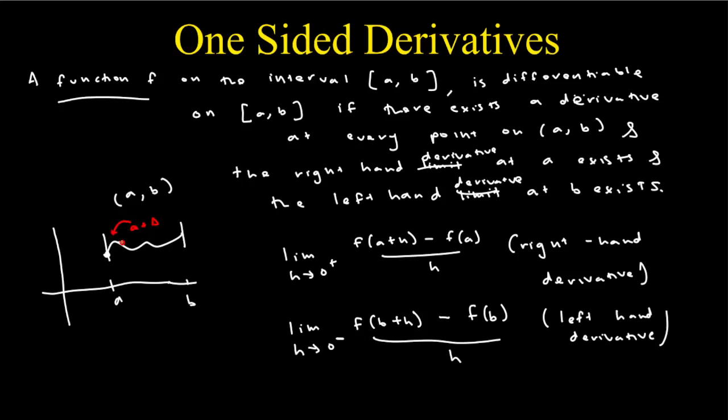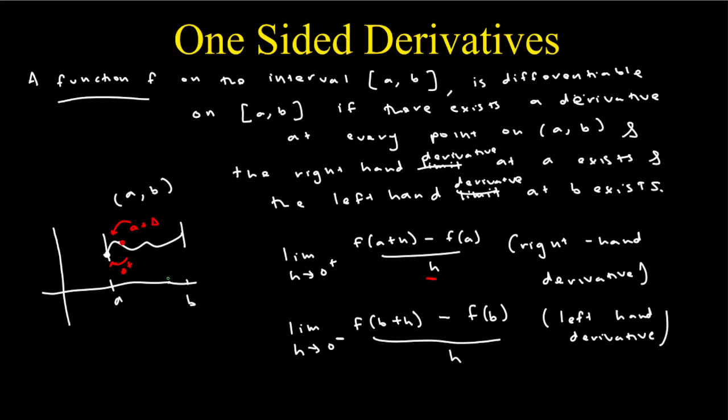In the process, our h, which is our delta, is going to get smaller and smaller, towards 0. Since we're starting from a point that's greater than a, our delta is going to head to 0 from the positive end, because it's some positive delta that becomes smaller and smaller.